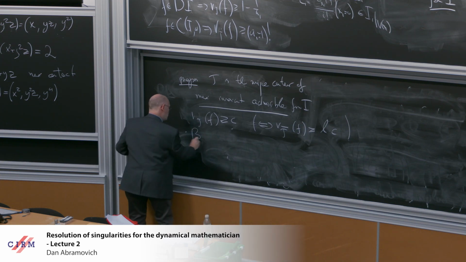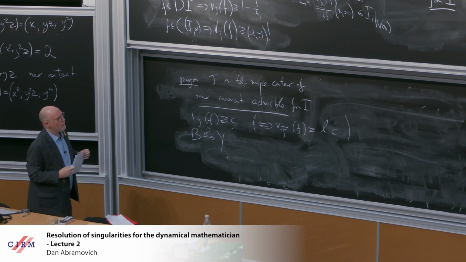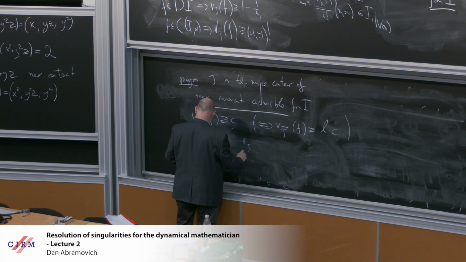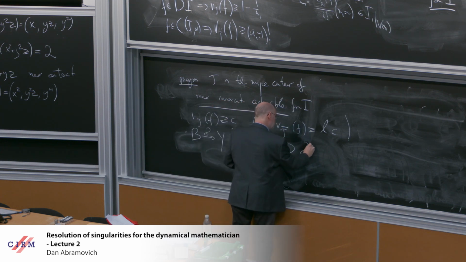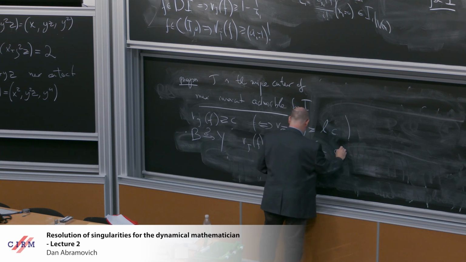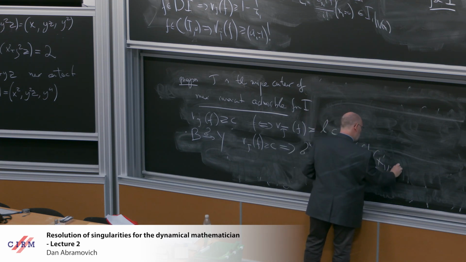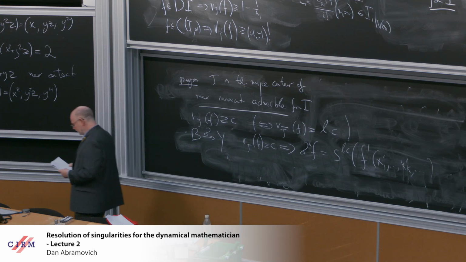If I have B mapping to Y being the map sigma, the transform sigma, then the valuation with respect to J of F is at least C if and only if sigma upper star F is S to the power L times C times some other function in the transformed variables, where S is the exceptional variable, remember.